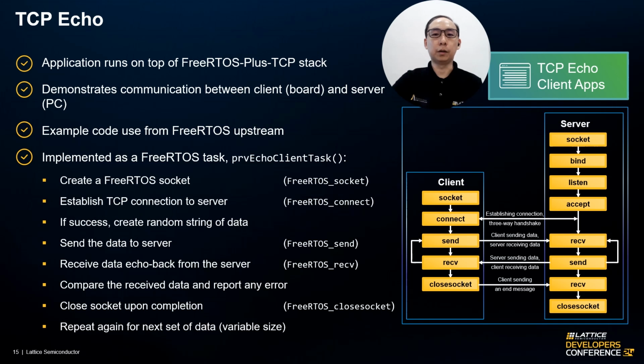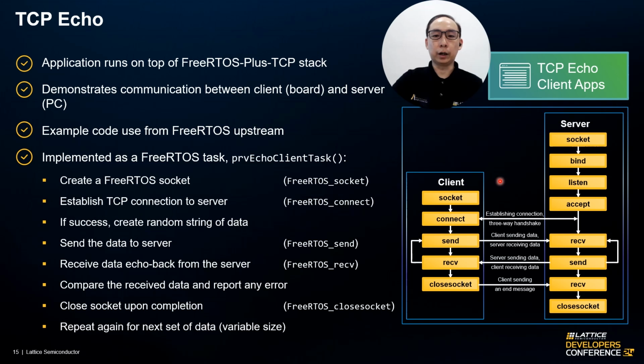At the top of the FreeRTOS software architecture is the application layer. The TCP Echo application is used in the demonstration here. It demonstrates the communication between the client, or the Lattice development board, and the server. The code is used from FreeRTOS upstream, and it is implemented as a FreeRTOS task, namely the Echo client task.